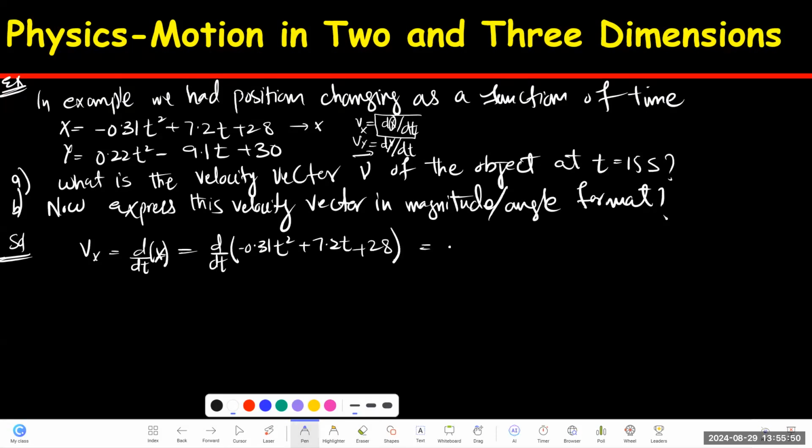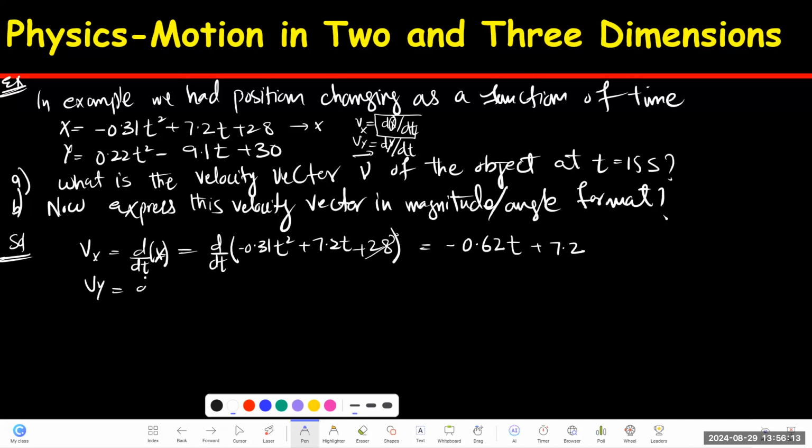If I take the derivative, it's going to be minus 0.62 times t, plus 7.2 because the t will be eliminated, and 28 is completely gone because the derivative of a constant is 0. So we got this.